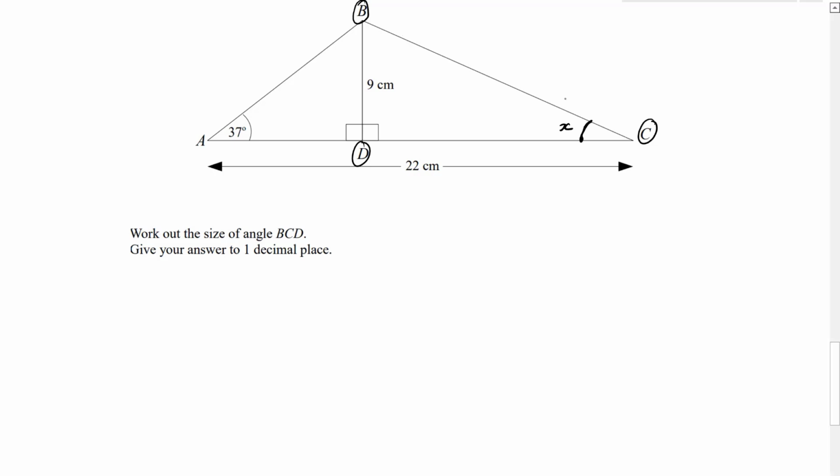Now we have no indication of what the hypotenuse is, so if we label this side, this is the hypotenuse, this is the opposite, and this down here is the adjacent. We know what the opposite is, and the adjacent, we know what this full length of the bottom is, and so we need to try and figure out just the length of the adjacent.